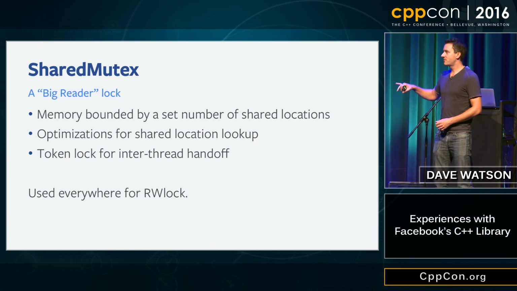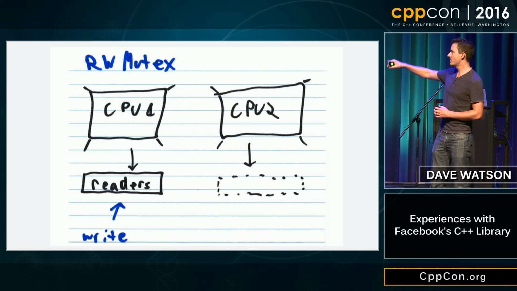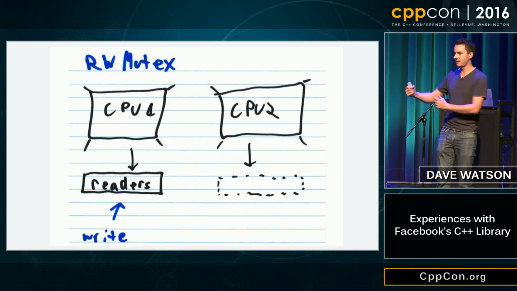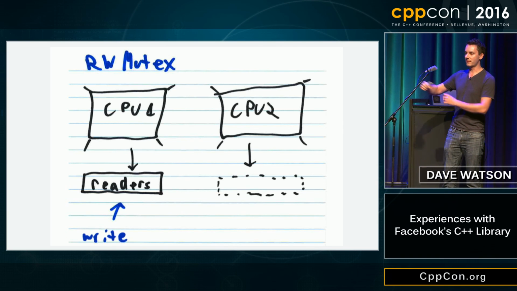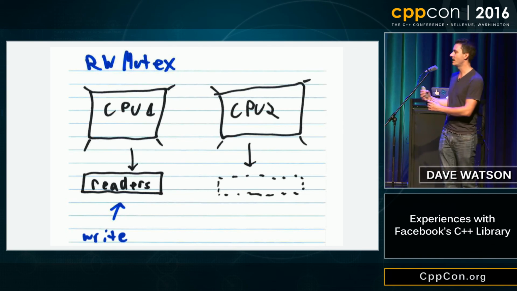One other optimization we've stuck in here, because of the way we have sharded this: the readers here are not actually a reader count, it's a structure, like a linked list node that we're sticking in here. If your thread migrates from one core to another, it can't remove your little linked list node from the CPU it's on. It actually has to know which node it had locked on.